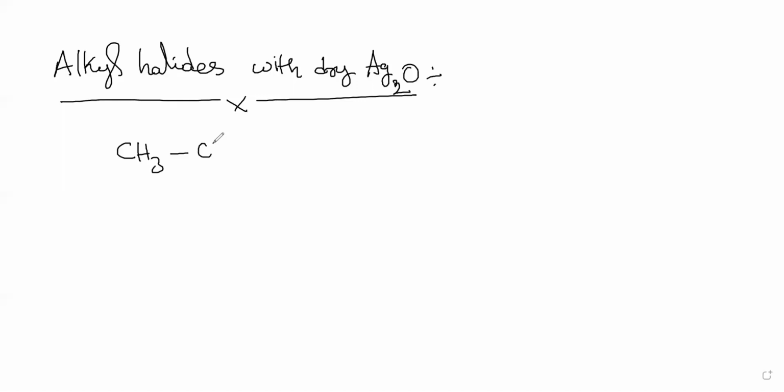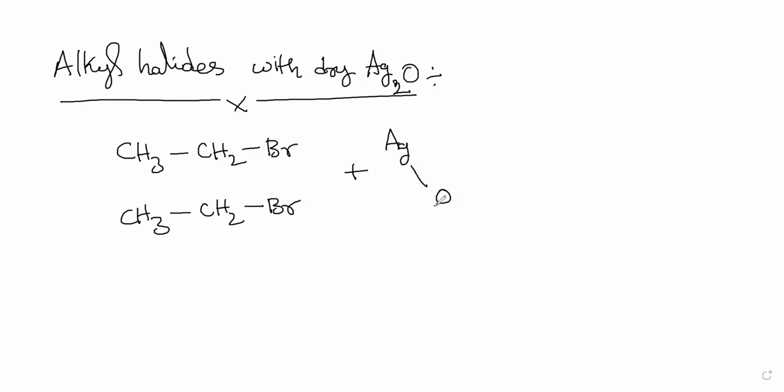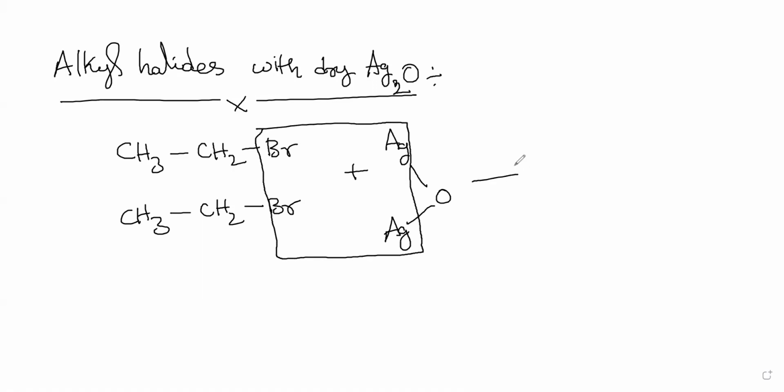CH3CH2Br, two molecules. And you have silver oxide, which is like this, AgOAg. It will remove the bromines and oxygen will be connected here.